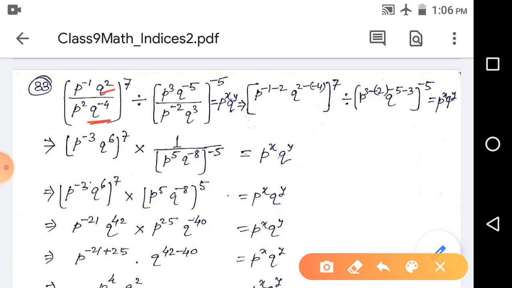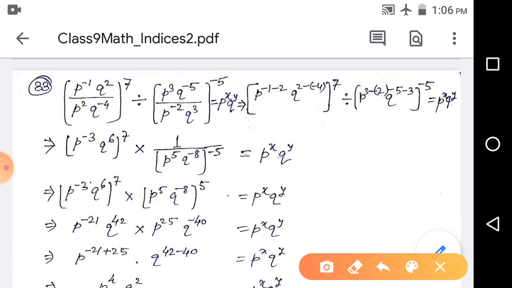Those two terms are divided, so the exponents are subtracted: q to the power 2 minus minus 4, and this becomes 2 plus 4. So we have p to the power minus 3, and q to the power 6, whole to the power 7.